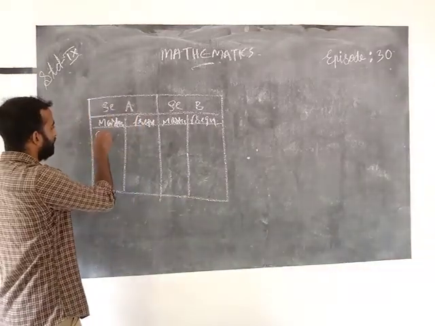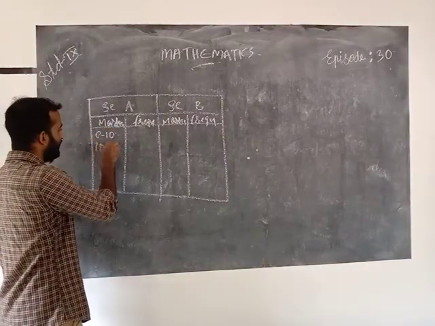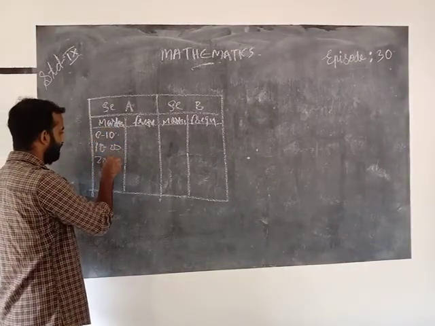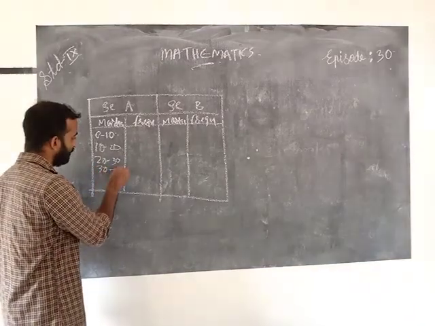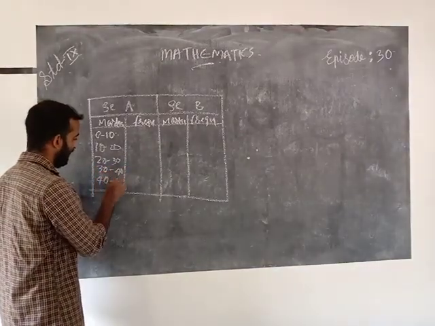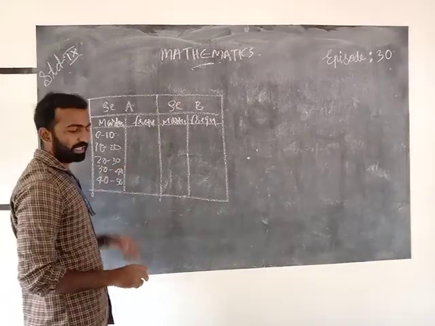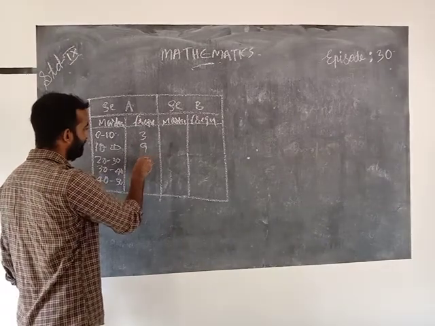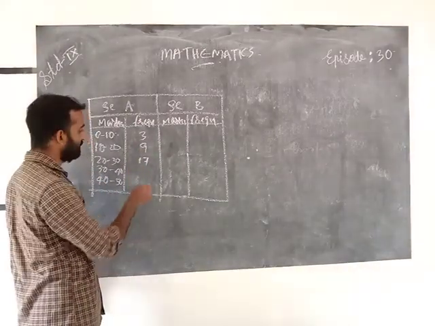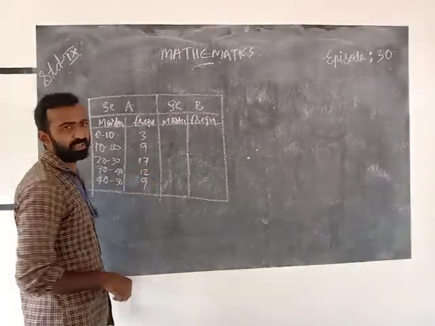Marks are 0 to 10, 10 to 20, 20 to 30, 30 to 40, 40 to 50. For section A, the corresponding frequencies are 3, 9, 17, 12, 9.